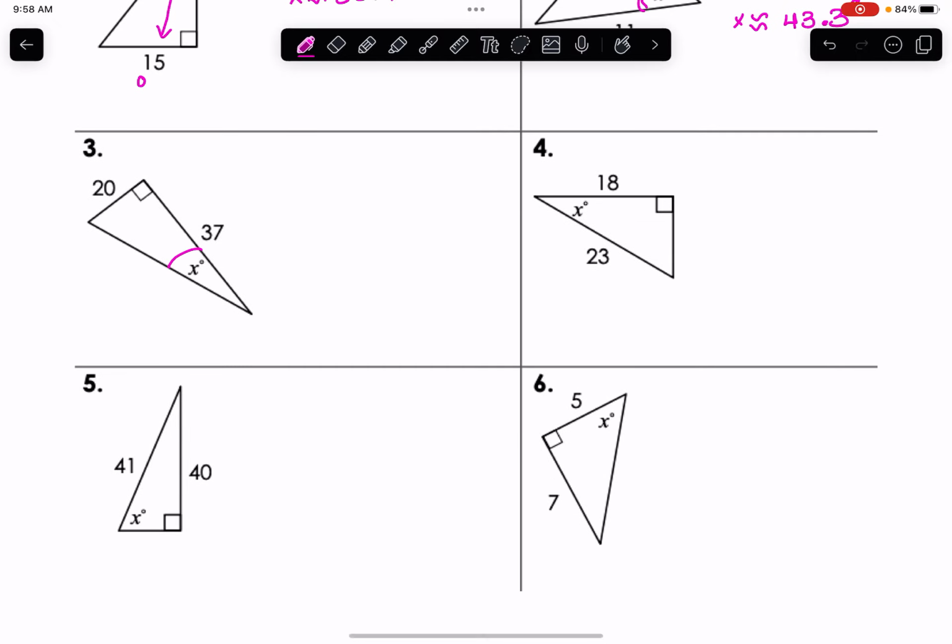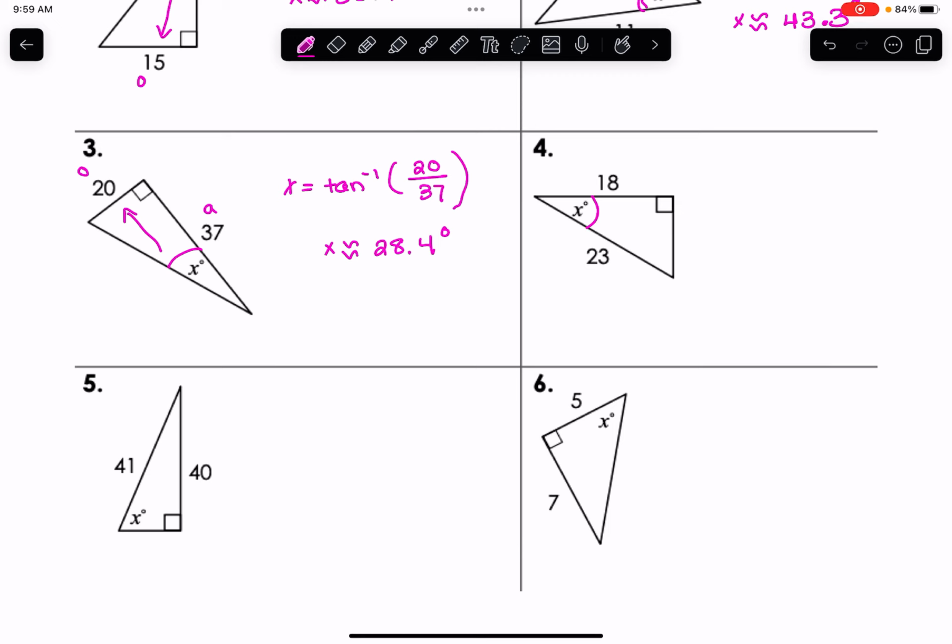Number 3, 20 is opposite and 37 is adjacent. So this is going to be x is equal to the inverse tan of opposite over adjacent. So we're doing second tan, 20 divided by 37. Rounded to the nearest tenth, you're going to get 28.4 degrees.